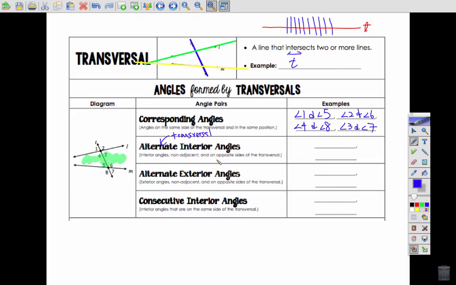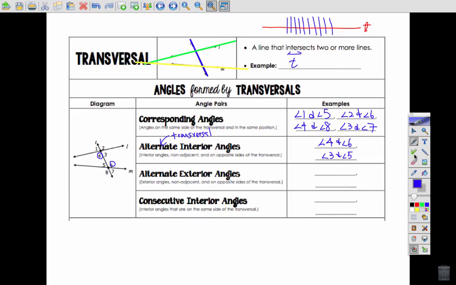By that definition, we have angle 4 and angle 6, and of course angle 3 and angle 5 are also alternate interior angles.